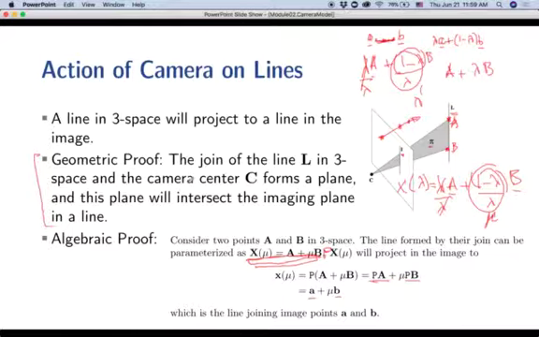So what would be the position of a line parallel to A plus mu B? Okay, so A is A, B, C, let's say 1. Now B is, let's say, D, E, F, 1.